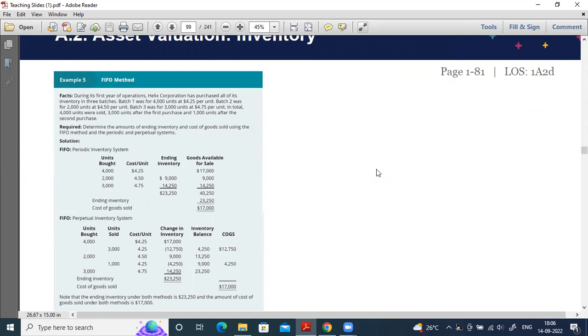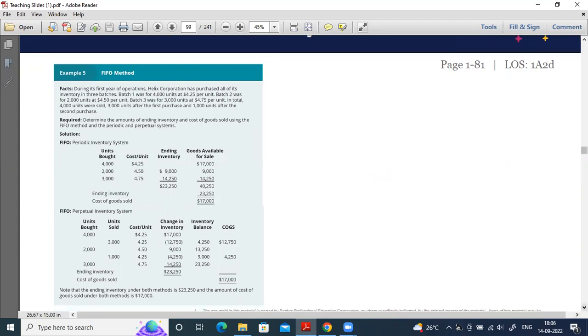Batch 2, 2,000 units, and batch 3, 3,000 units. After batch 1, 3,000 units were sold, and after batch 2, another 1,000 units were sold. Now here we need to compute the cost of goods sold by using the periodic inventory system.